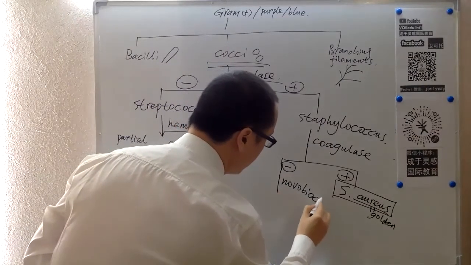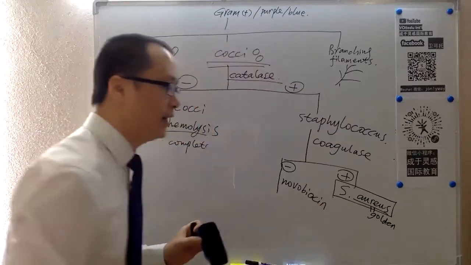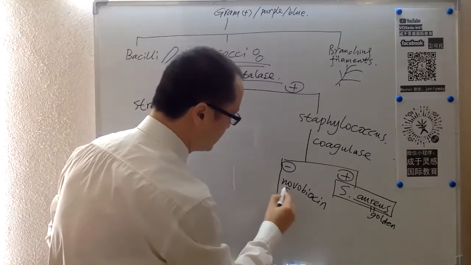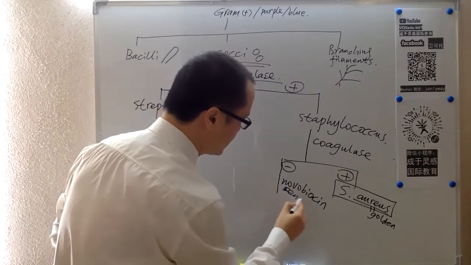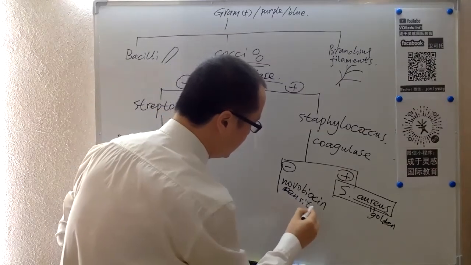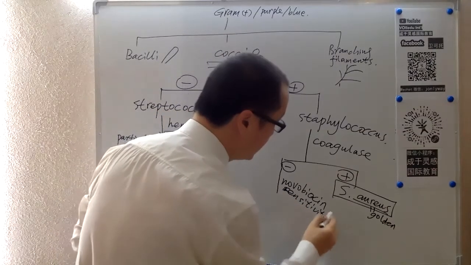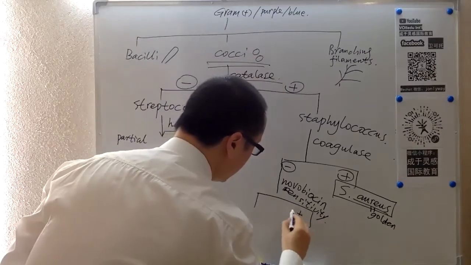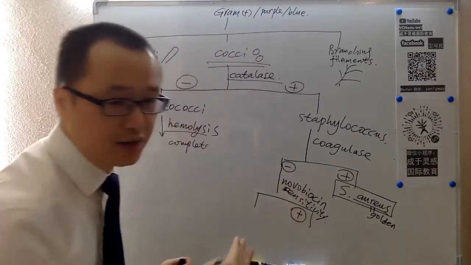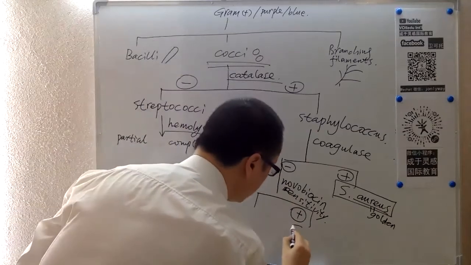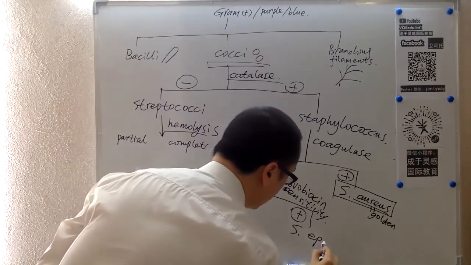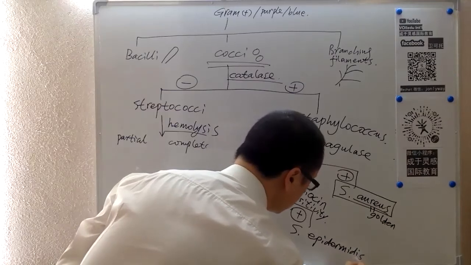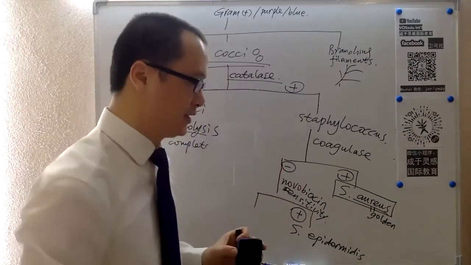If it is negative to coagulase, we can further make use of novobiocin sensitivity to categorize. If it is positive to novobiocin, this is Staphylococcus epidermidis.